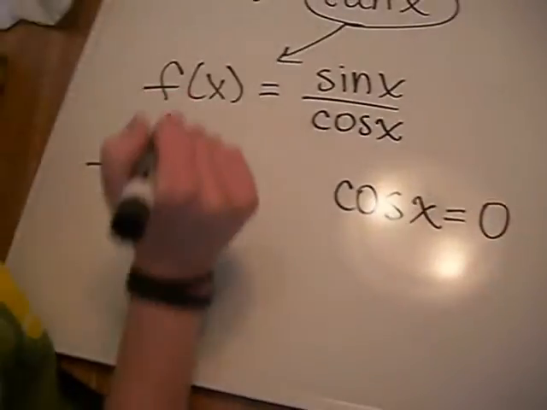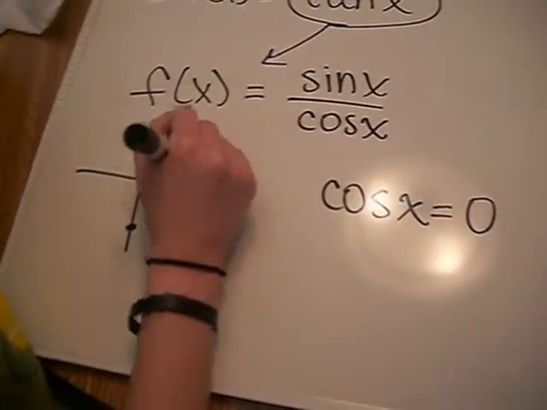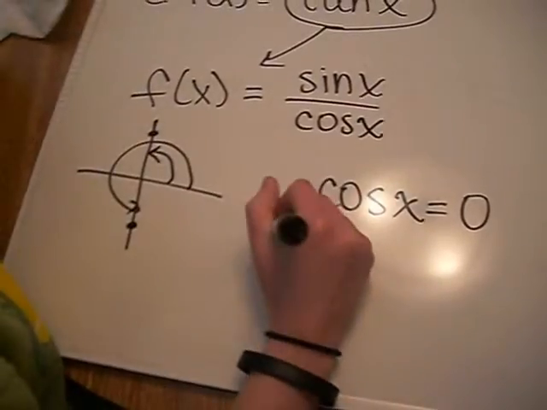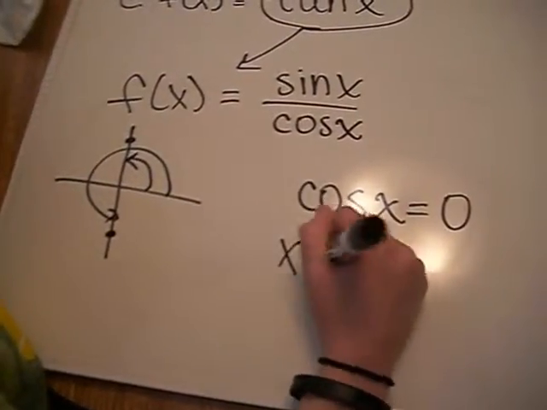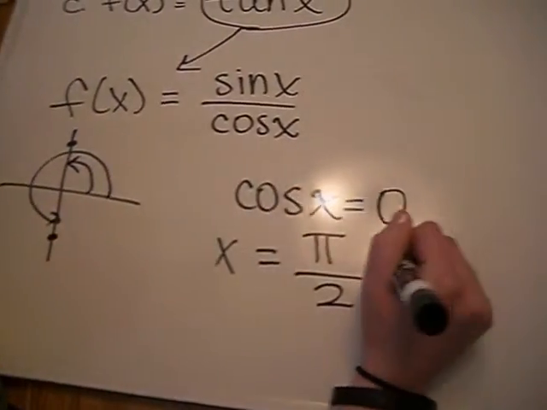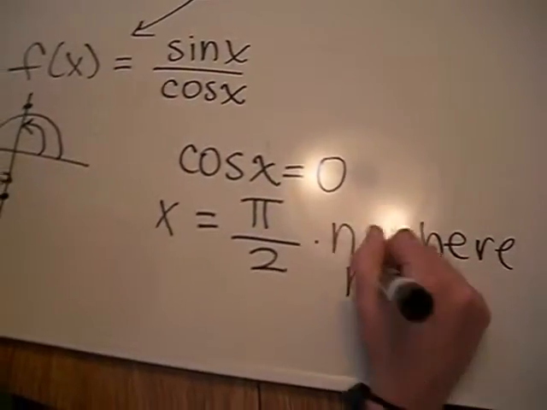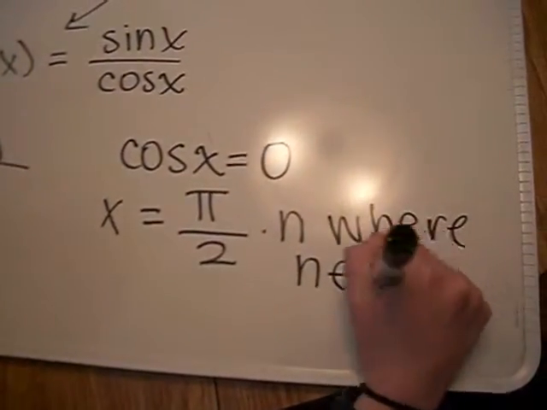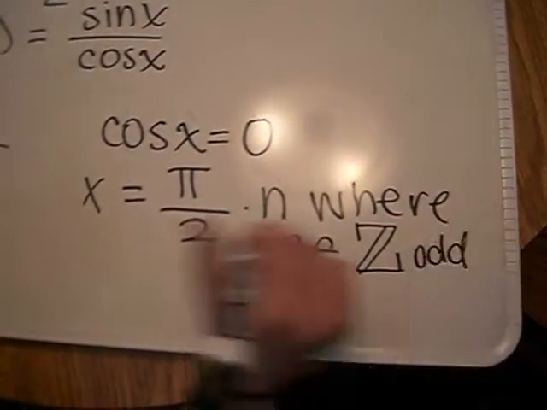That's at pi over 2, 3 pi over 2, places like that. So the discontinuities are at x equals pi over 2 times n, where n is an odd integer.